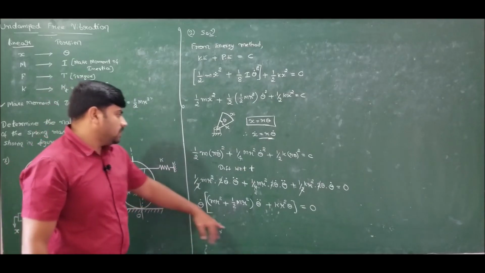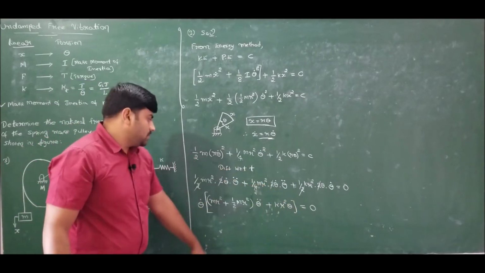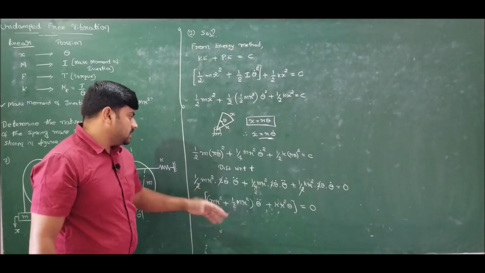Now send this theta dot to the right hand side, so 0 by anything will become 0, so velocity is vanished.